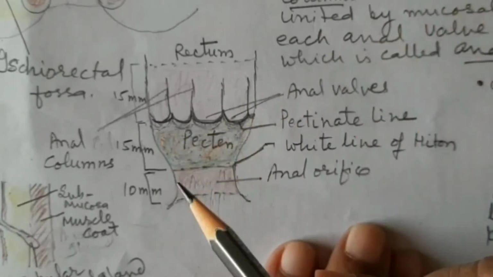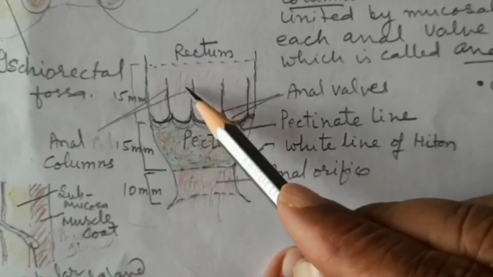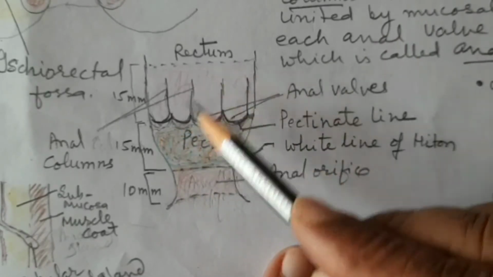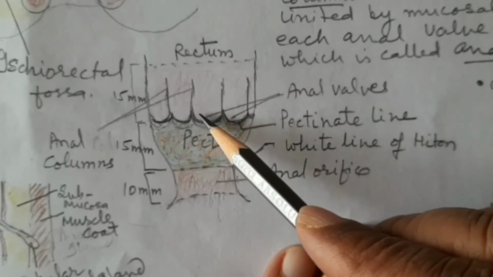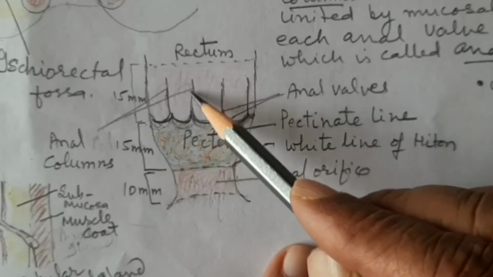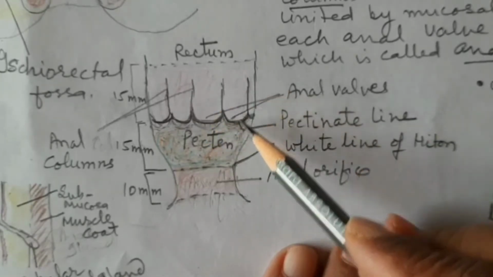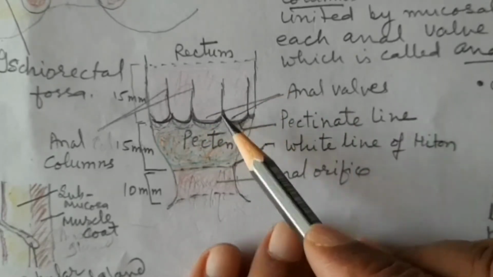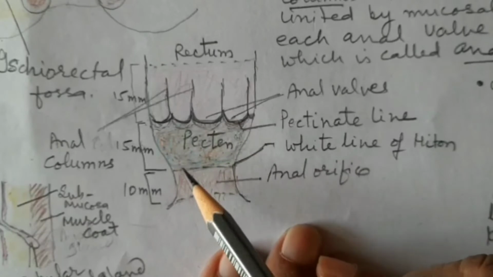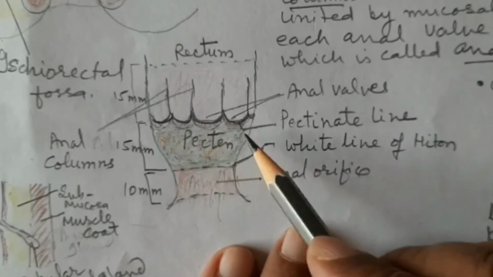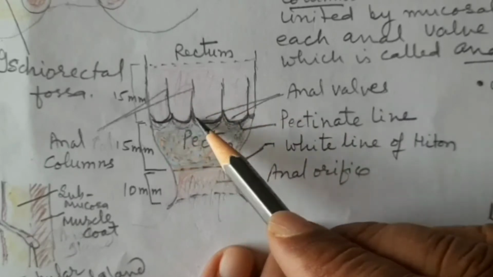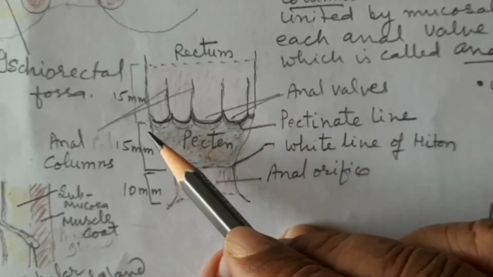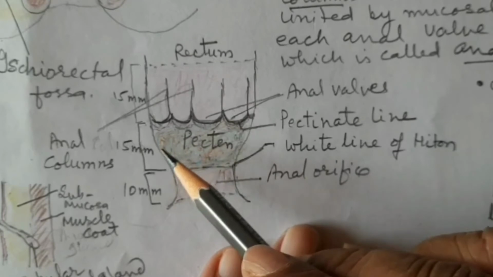So there are 6 to 10 longitudinal folds which are called the anal columns in the upper part, which is 15 millimeter in length. Now if you trace the lower end of these columns, they will unite with each other. See this arch-shaped structure, they unite with each other.